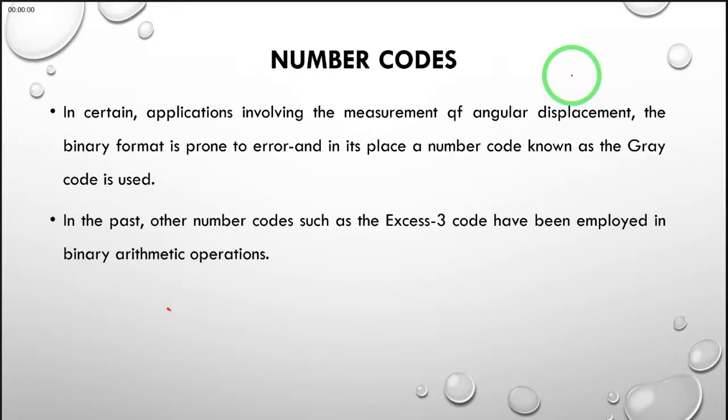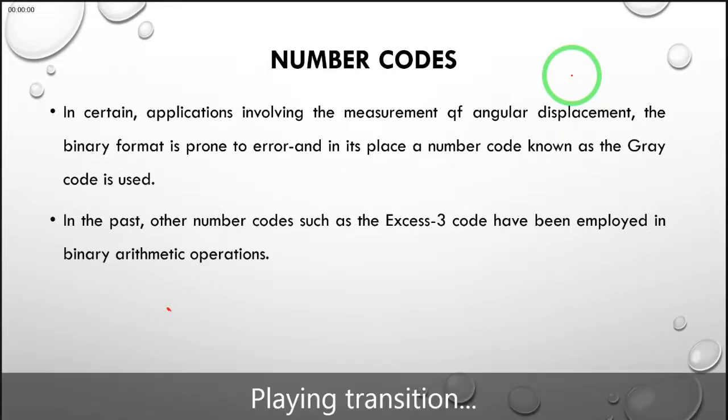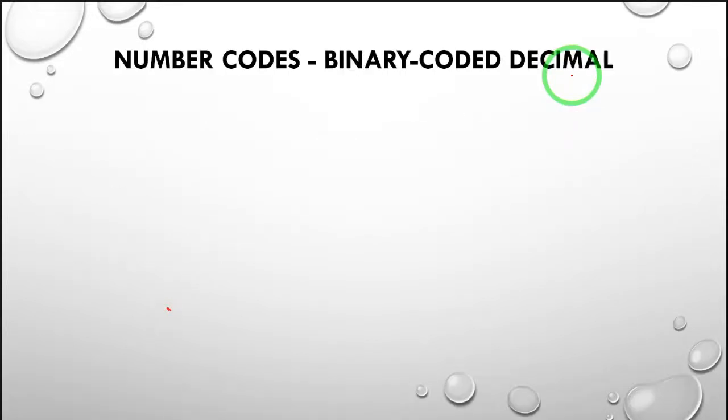Another application in the past involved a number code called XS3 code, which was used in binary arithmetic operations. We are not going to talk about XS3 in this course. We will concentrate on the first two, that is BCD codes and gray codes.